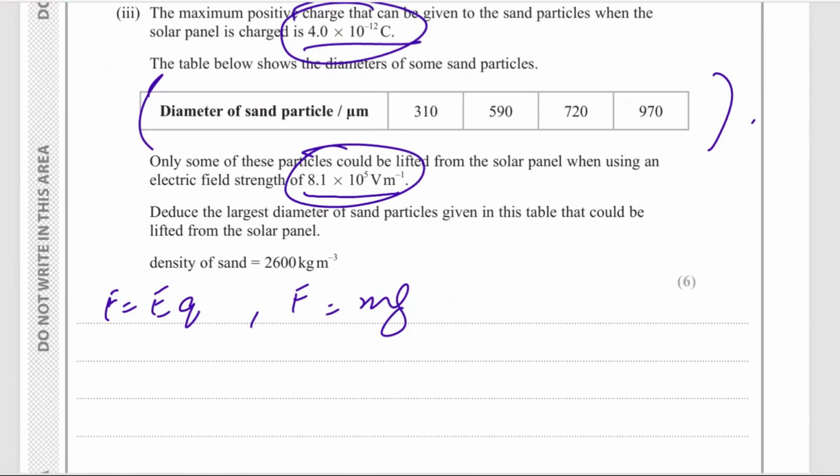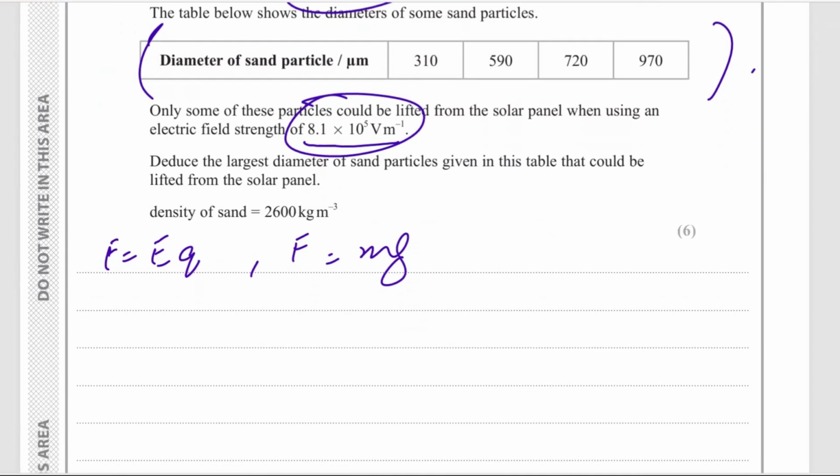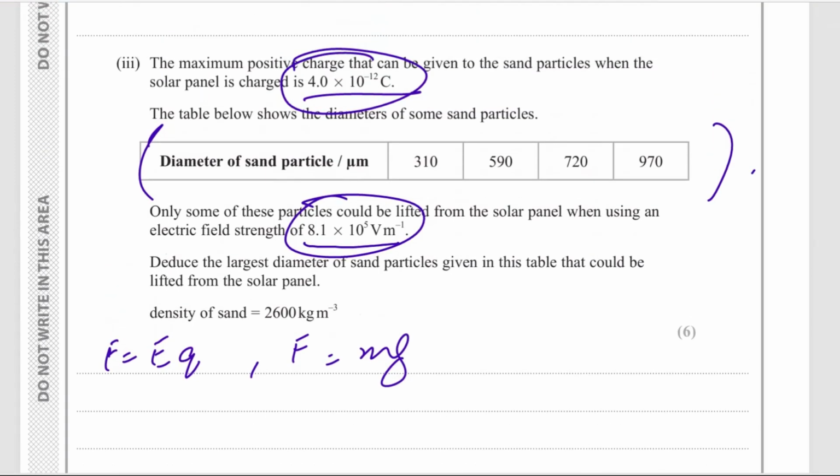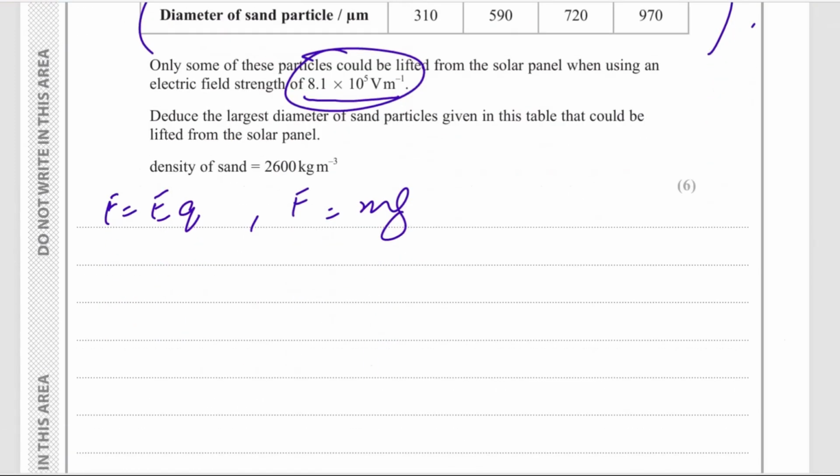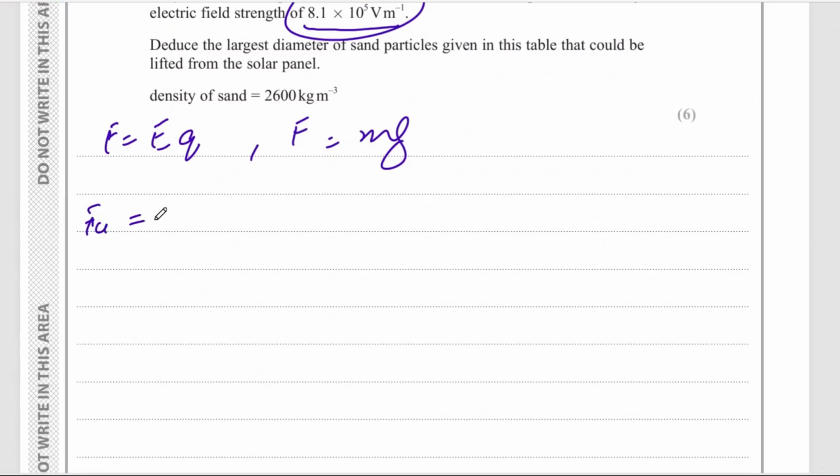Okay, so now first of all, you need to calculate the upward force, right? If you want to calculate the upward force, you just need to multiply the field by the charge. So the upward force comes out to be E, which is 813,000, which we've just calculated.